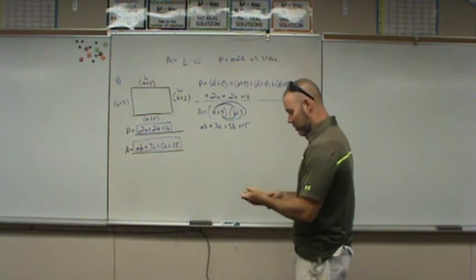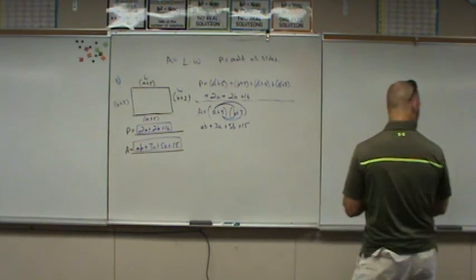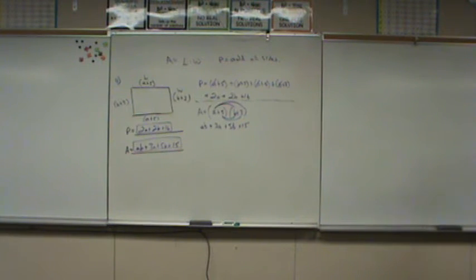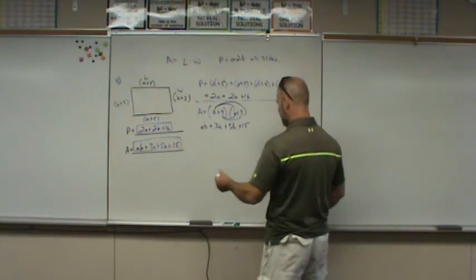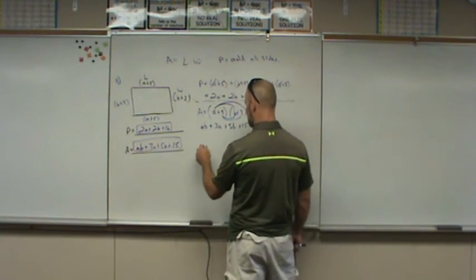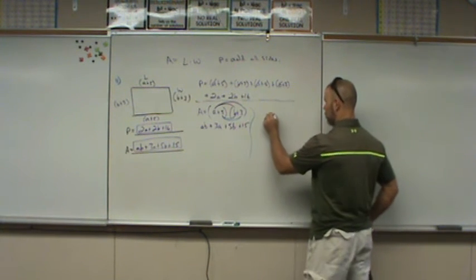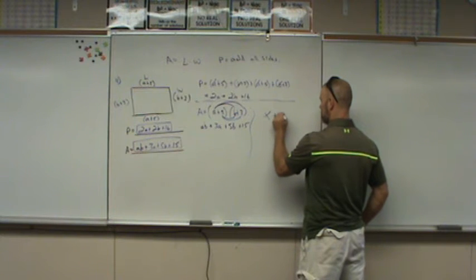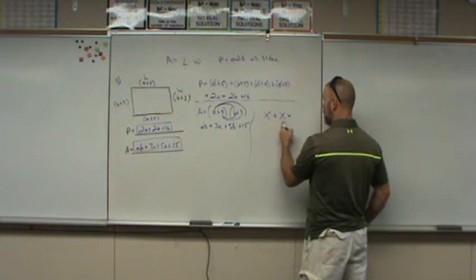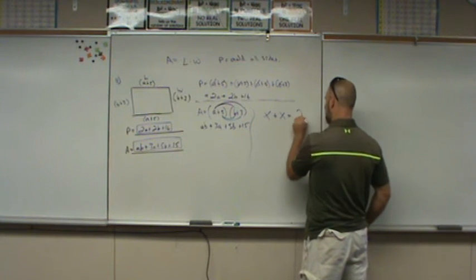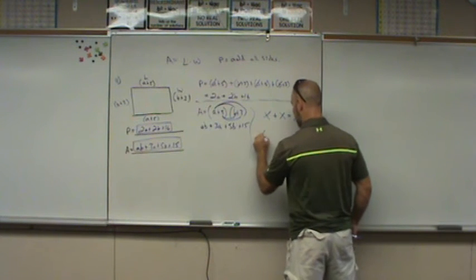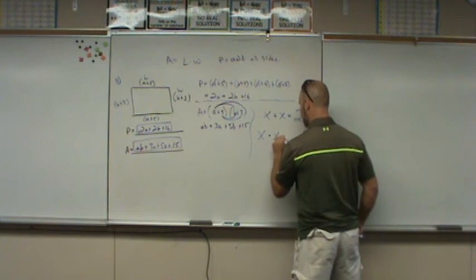Okay? Just to finish kind of what we're looking at, some of y'all are getting confused when you combine some terms. I'm just going to cover some things here real quick. X plus X. If I'm adding, X plus X is 2X. If I'm multiplying, some of you are getting confused on this.